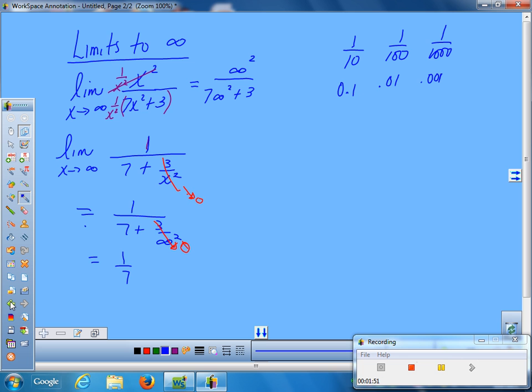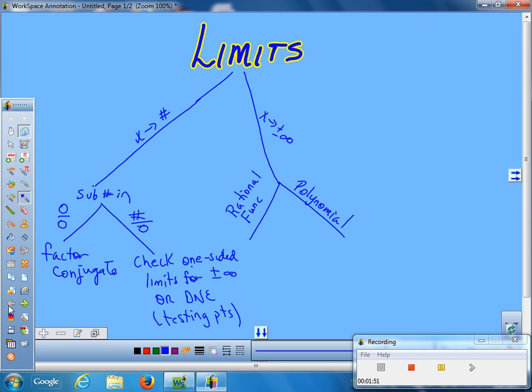So we're going to go back and add that to our limit tree, maybe. If you are doing a fraction, you use the highest powered terms from the numerator and the denominator.